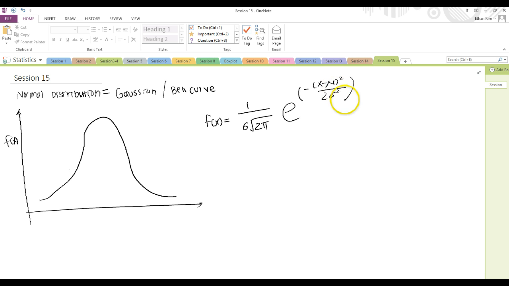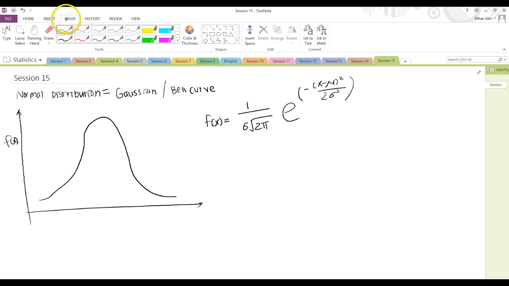This is the formula for the PDF. And we discussed that when we are looking at probability, it's always the area under the curve.